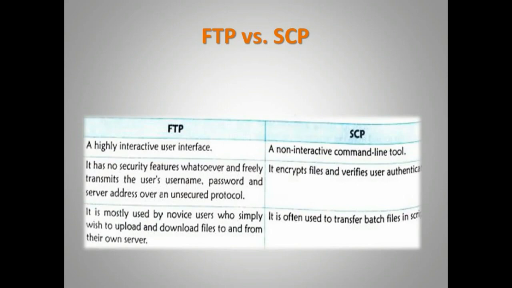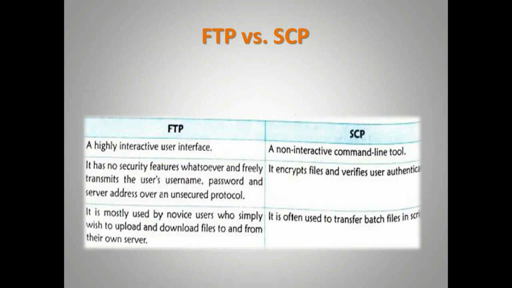FTP has no security features whatsoever and freely transmits the username, password and server address over an unsecure protocol. So if someone is using FTP, your username and password are easily accessible by a third party. But SCP encrypts the files and verifies the user authentication.